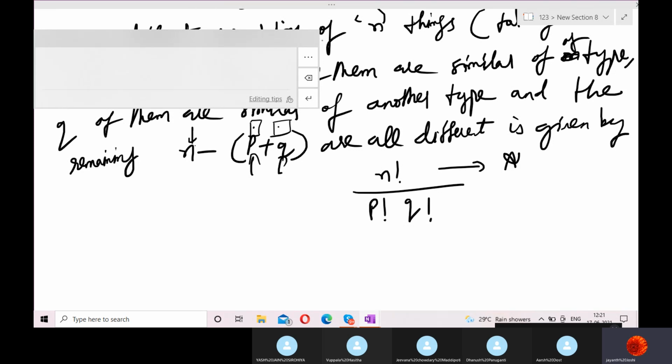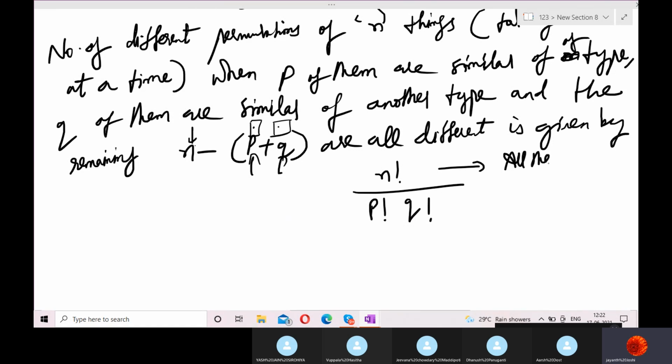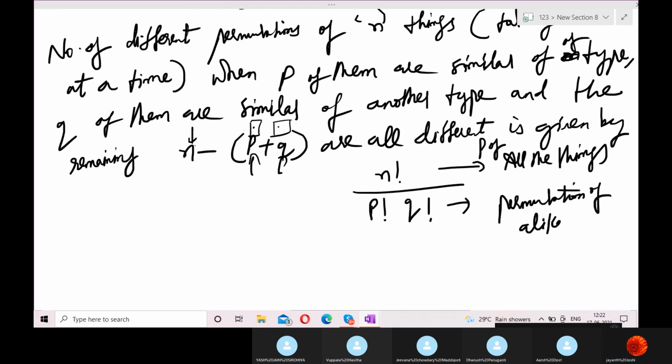The permutation of all the things. And the denominator has what? Permutation of alike things. Wherever you see this factorial, it's a kind of arrangement only.